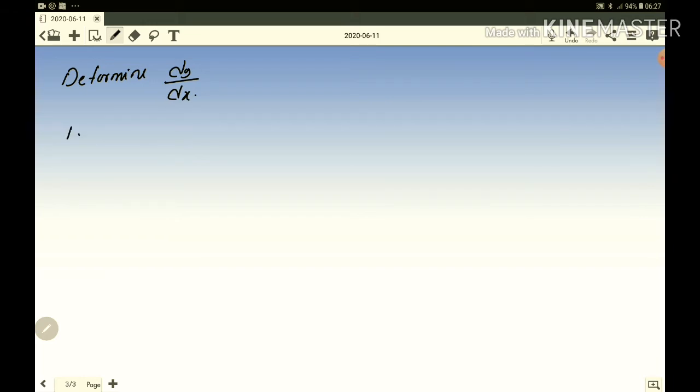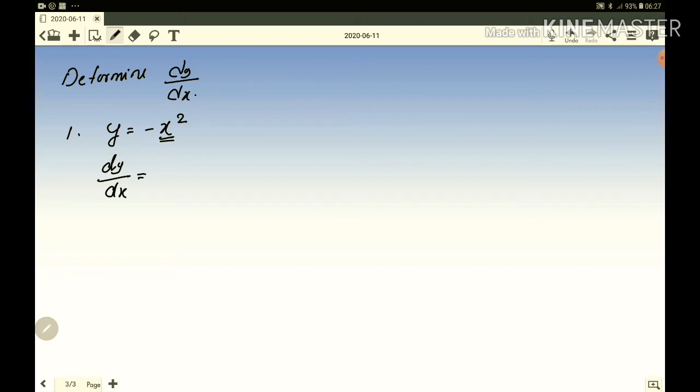First one is y is equal to minus x square. Here also we are differentiating. The variable to be differentiated is x. Clear? So I'm going to differentiate. After the differentiation, y we have to write what? Dy by dx, which means differentiate y with respect to x.